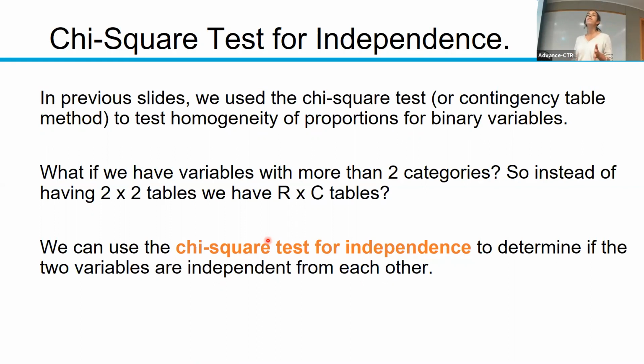So where one of the variables has R potential levels and the other one has C potential levels. In the previous slides, we've only been focusing on these 2x2 tables, but now we want to understand how the chi-squared test, which was discussed for the 2x2 tables, extends to this R by C setting.